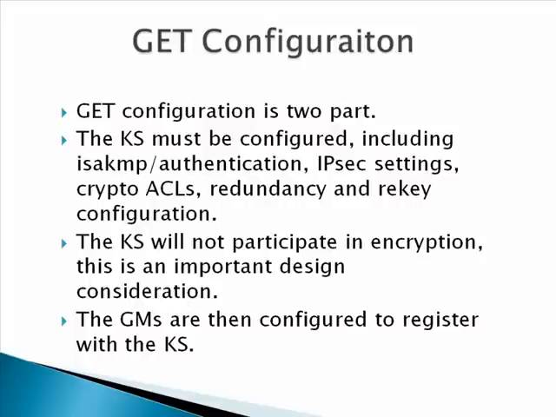You have to set that up, and that's going to include the GDOI settings, which are just an ISAKMP policy, your IPsec settings, which is going to include the crypto ACL, your transform set, an IPsec profile, and then the GET specific setup itself, what IP address the clients are going to register to, what type of rekeying you're going to use, and so on.